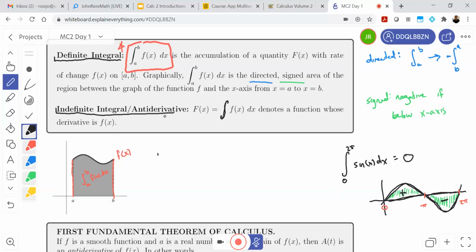So I'll write what is basically up here, but in a condensed version to emphasize it. The definite integral is an object that looks like this, and it is measuring directed signed area.